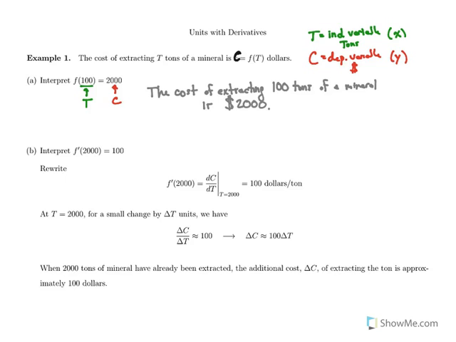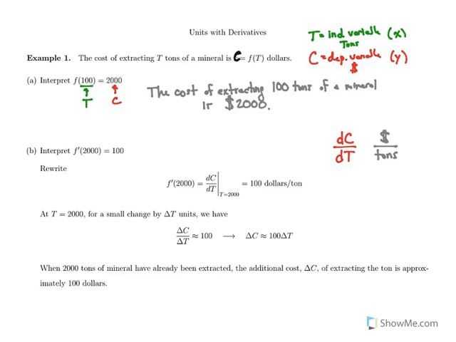Evaluated at T equals 2,000. And if we do that, we get $100 per ton. Dollars per ton, and we can think about that as dC/dT. The units are going to be dollars over tons. So that's going to be our units for the derivative.